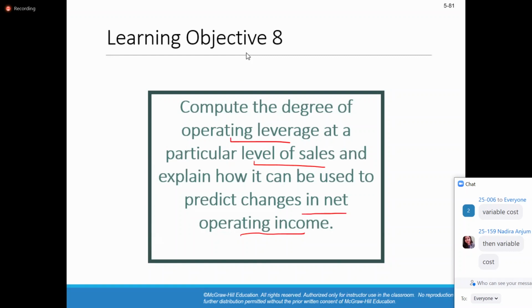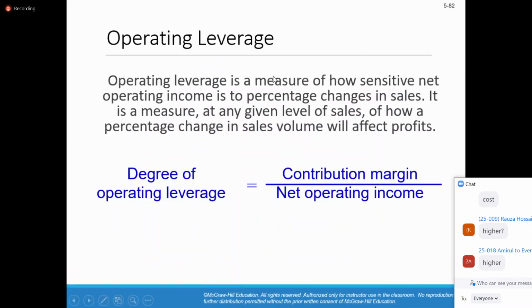You probably learned this concept in your fundamentals of finance or principles of finance course. Yeah, you have responded. Good. So we like to revisit the operating leverage concept, not in the way that you learned earlier, but here our purpose is to check how sensitive our net operating income, which is the definition of profit in our case, is.